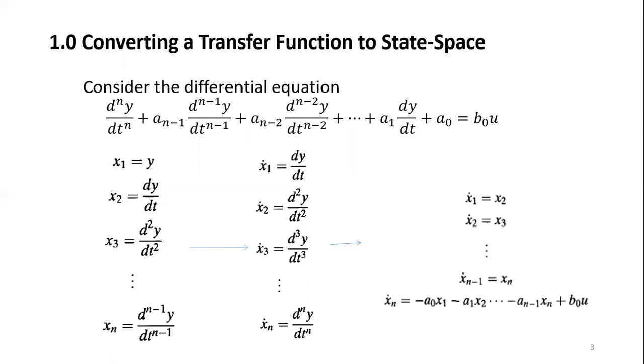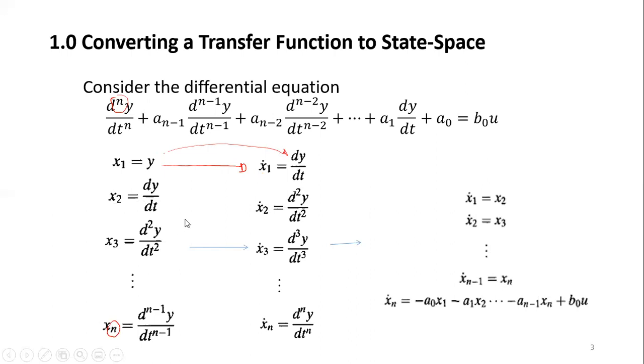What determines how many variables we have here is n. So xn determines the number of variables that we define. The next step is we differentiate the variables. From x1, you differentiate to x1 dot, which means that y is differentiated to dy/dt.